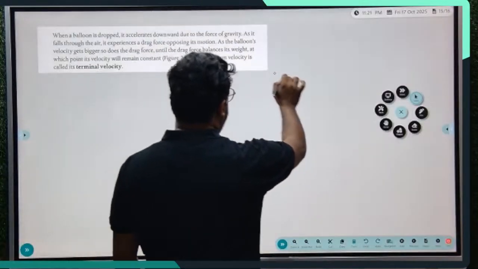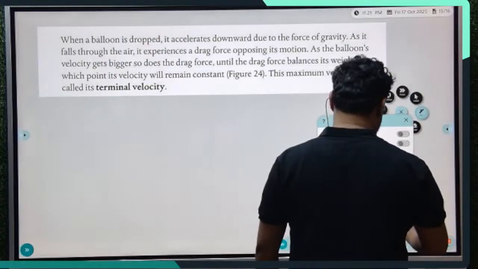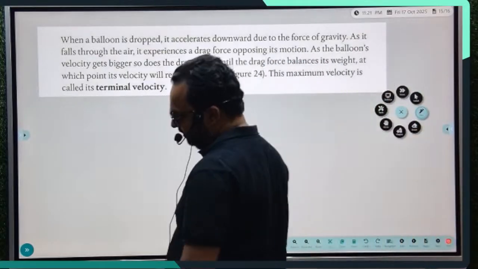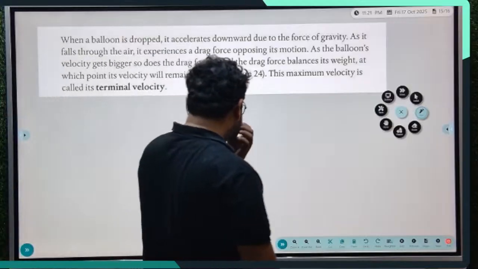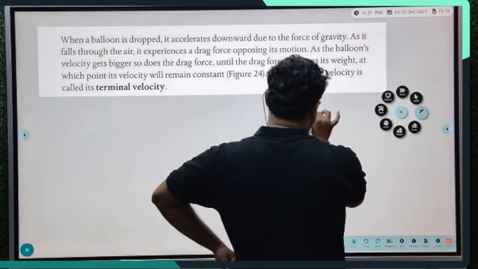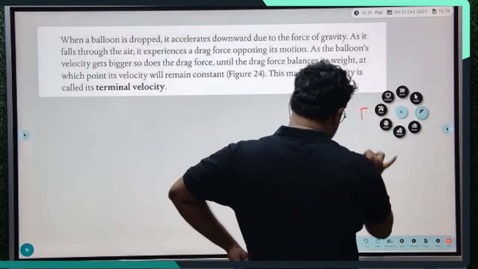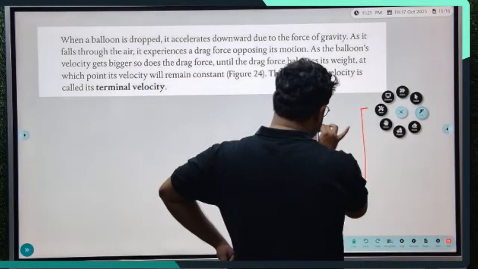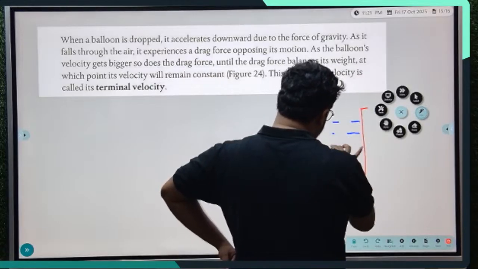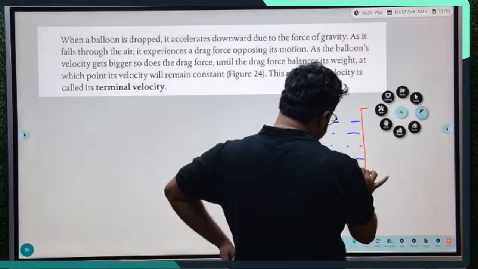Next article is called terminal velocity. Suppose we drop a ball in a water container. This container is filled with water.